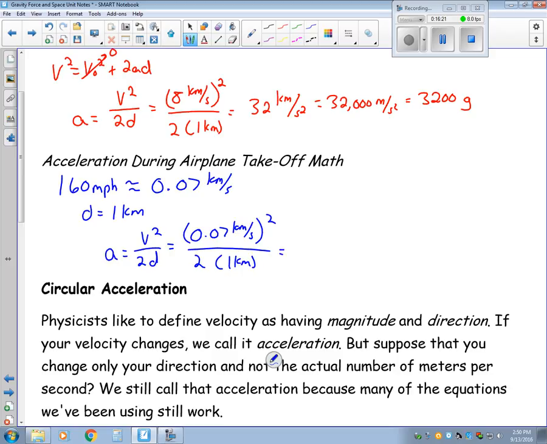So this gives us an acceleration of something pretty small. It's about 2.45. So this would have a value of 0.245 G. So it's so small that you wouldn't even notice it.